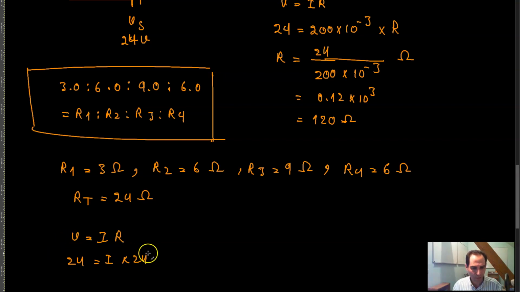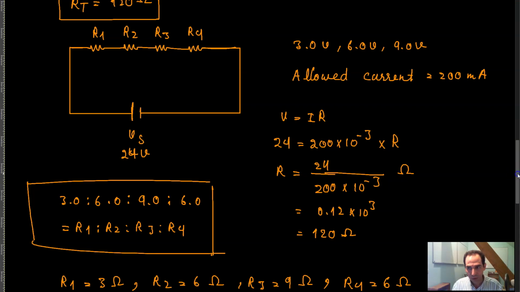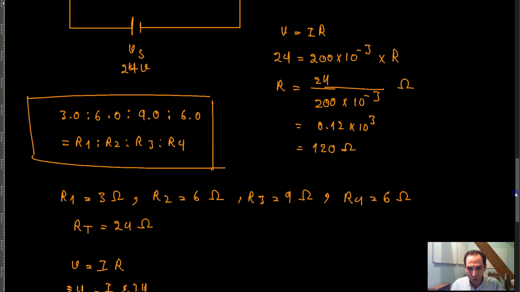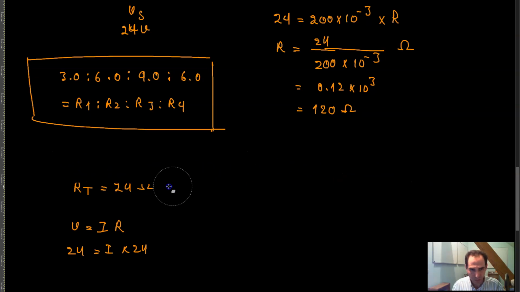That would be 1 amp. So you have to go not below 120 ohms, but above 120 ohms, so that the current comes below 200 milliamps, or maximum 200 milliamps. Which means that the resistors I have chosen here actually don't work, right?